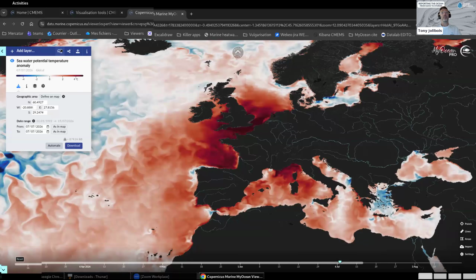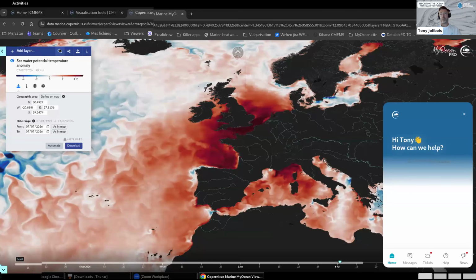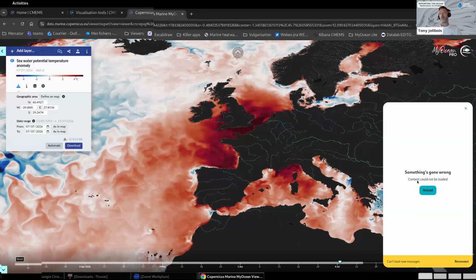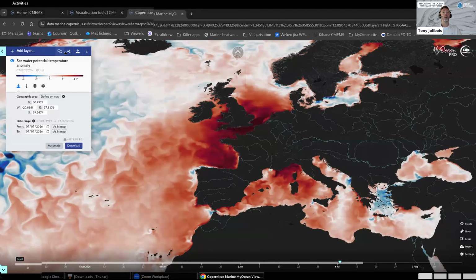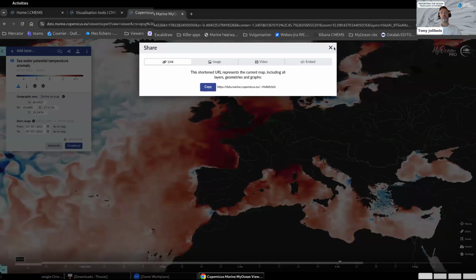And just a remark on the user support contact if you have any question, whether it is on the product or on some features you don't remember how to use, for example, how to generate an animation. Don't hesitate to ask the user support.